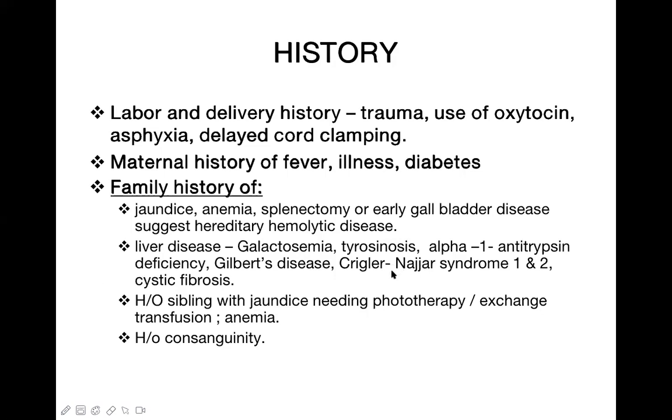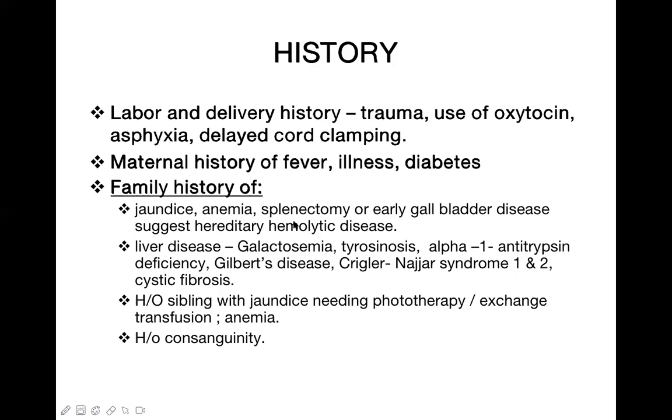Liver disease can also run in the family as different hereditary conditions: galactosemia, tyrosinosis, alpha-1 antitrypsin deficiency, Gilbert syndrome, Crigler-Najjar syndrome, and cystic fibrosis. Many of these metabolic disorders run in the family in an autosomal recessive way. This is how we remember.